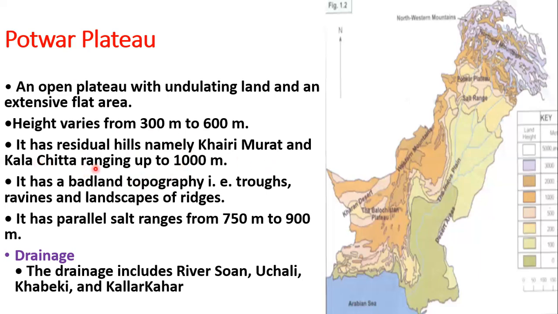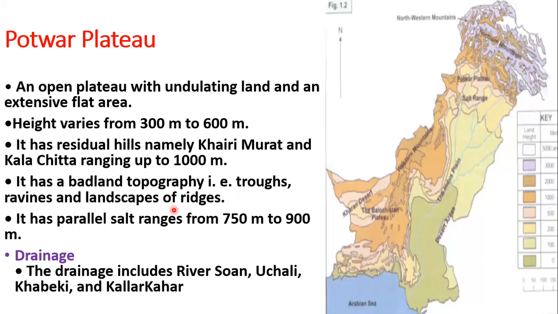For example, Kalachita ranges up to 1,000 meters, which means 3,000 feet high. It is badland topography, a ravine landscape of ridges, meaning uneven trenches and others.